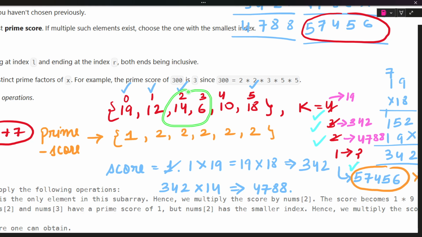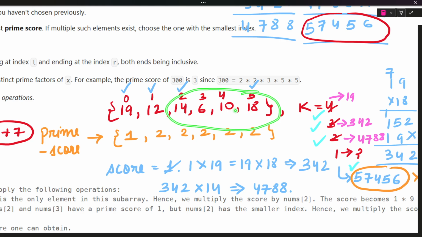Wait, what? If we chose this subarray, we could have gotten the 14 again, right? I'm not talking about this one. Neither am I talking about this one. I am talking about this one, and this one.